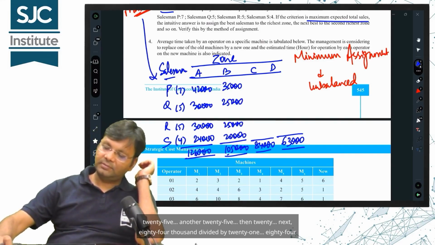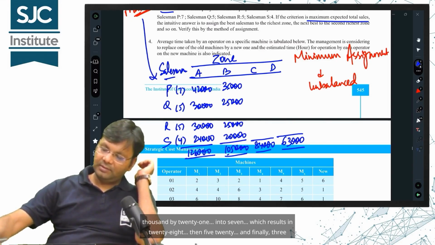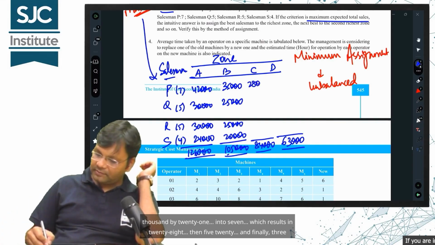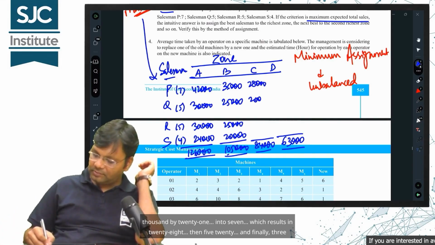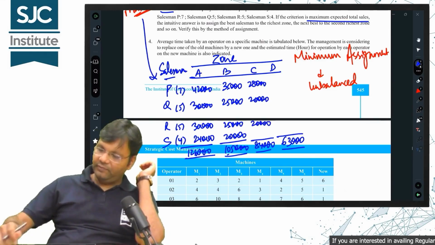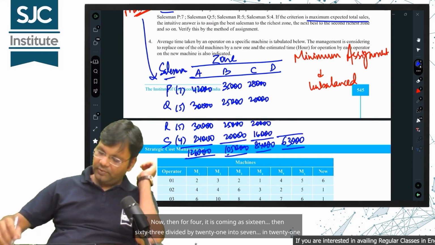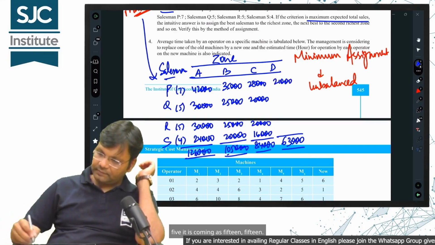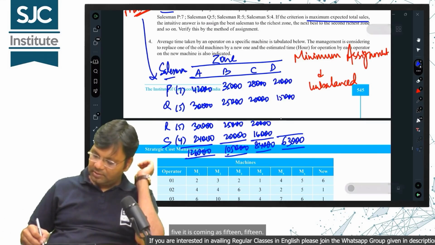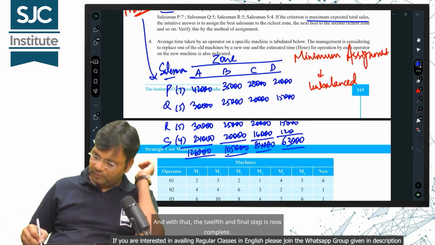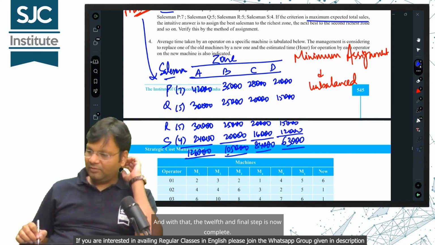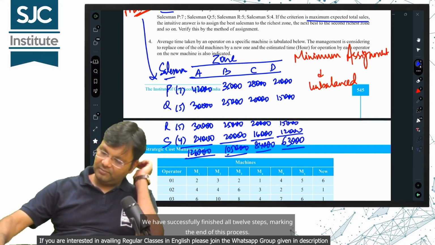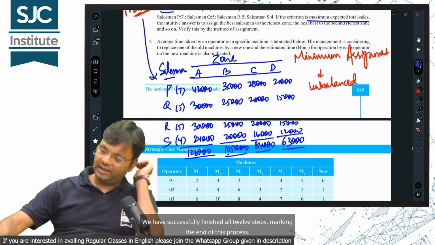Next, 84,000 divided by 21 into 7 results in 28, then 20, and finally 16. Now, for 4, it is coming as 16, then 63 divided by 21 into 7, and in 21, 5 it is coming as 15, 15. And with that, all the steps are now complete.